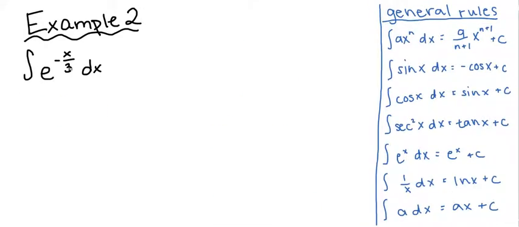Let's do another example. In this example, we will be solving an integral that has an exponent in it. We will be making u equal to the exponent. So u will equal negative x over 3. You will then write this as the integral of e to the u dx. Next, we will take the derivative of u.